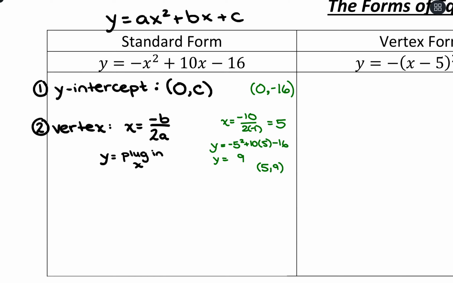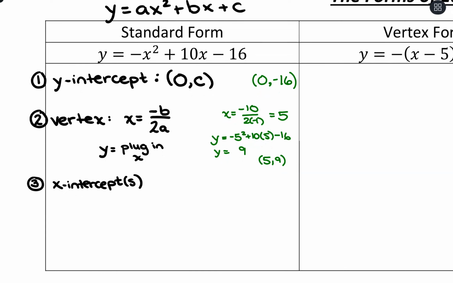The next piece that takes a bit of work is the x-intercepts. I'm organizing this in terms of difficulty, although that depends on the scenario. With the x-intercepts, we're solving 0 equals ax squared plus bx plus c. This takes us back to our videos on solving quadratic equations, whether it's factoring, square root method, completing the square, or quadratic formula. We could use any of those four methods.